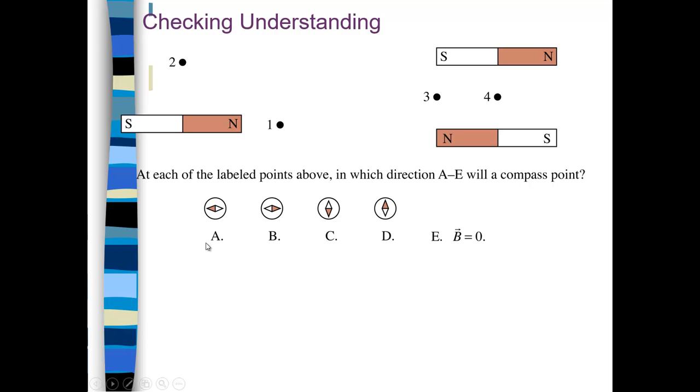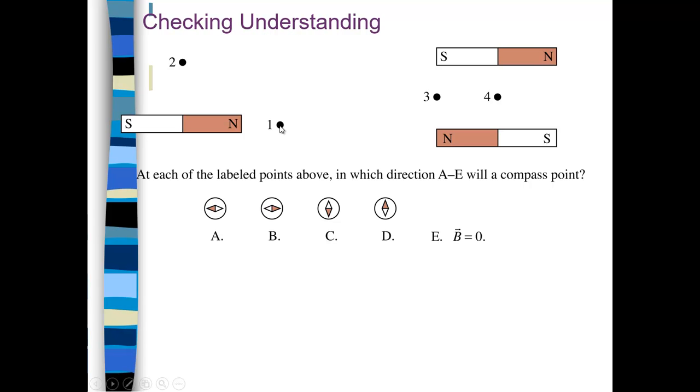So if we look at A, this is pointing directly north to south. And I would say that that's number 2, because the compass is pointing as far away as it can from the North Pole of the magnet, so it's going to do that. For B, I would say that is number 1.